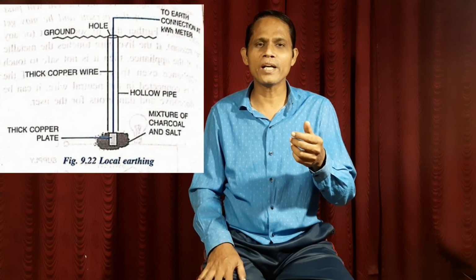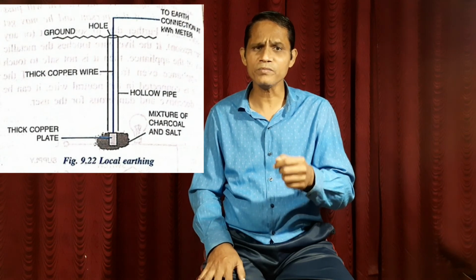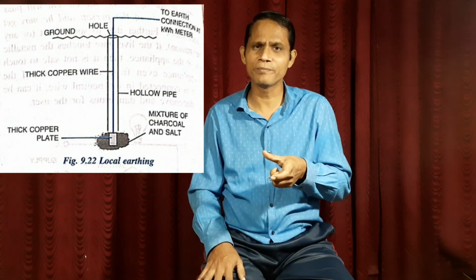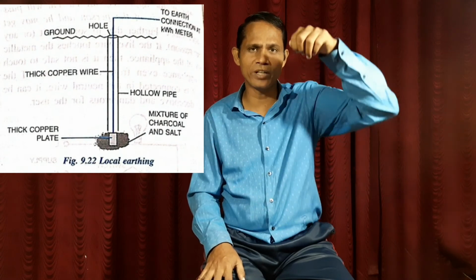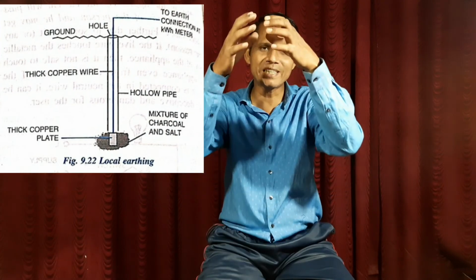Now the next question is how this earth wire is constructed. You have a long, thick copper wire which is connected with a strip of copper sheet, and it is buried deep inside the earth with the help of a PVC pipe.